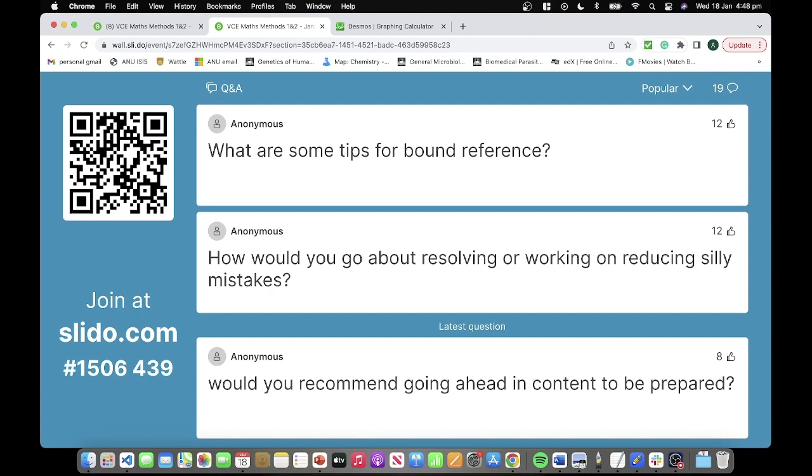Not something I noticed too much in year 11, but in year 12 I definitely noticed it. I'm not sure if it was because the pressure got higher and I started getting stressed a bit more, but I made a lot of silly mistakes in year 12. So we'll definitely talk about that throughout the lecture, because I think it's a very important thing to talk about, and maybe people don't talk about it enough.